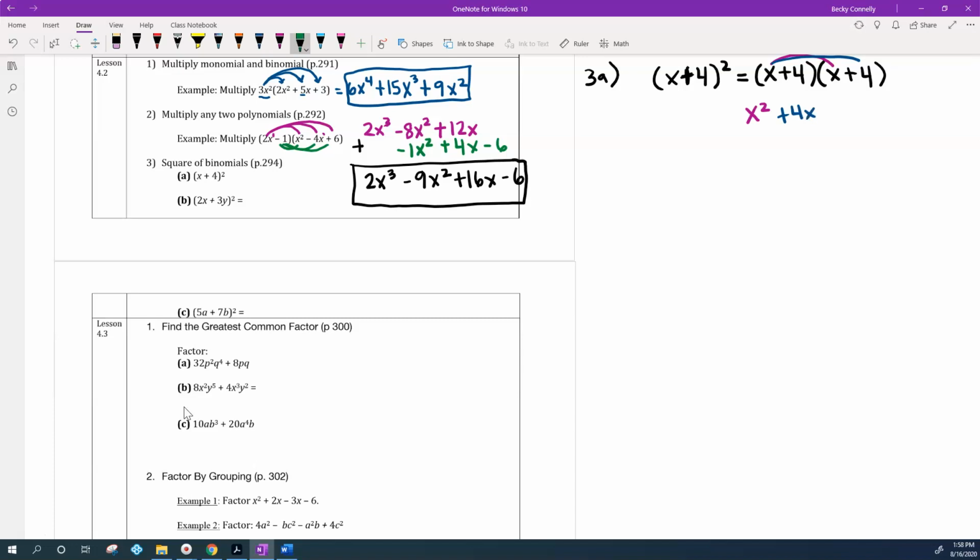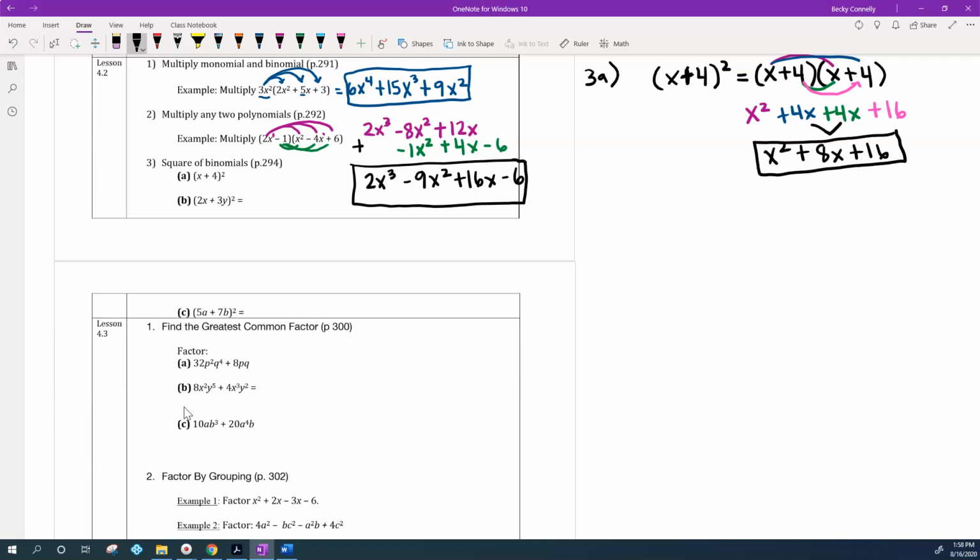Right? And then I do the 4 times both of these. So 4 times x is 4x. And then 4 times 4 gives me positive 16. And then I just need to combine any like terms together that I have. And I can see I have some in the middle there. So my answer is going to be x squared plus 8x plus 16.